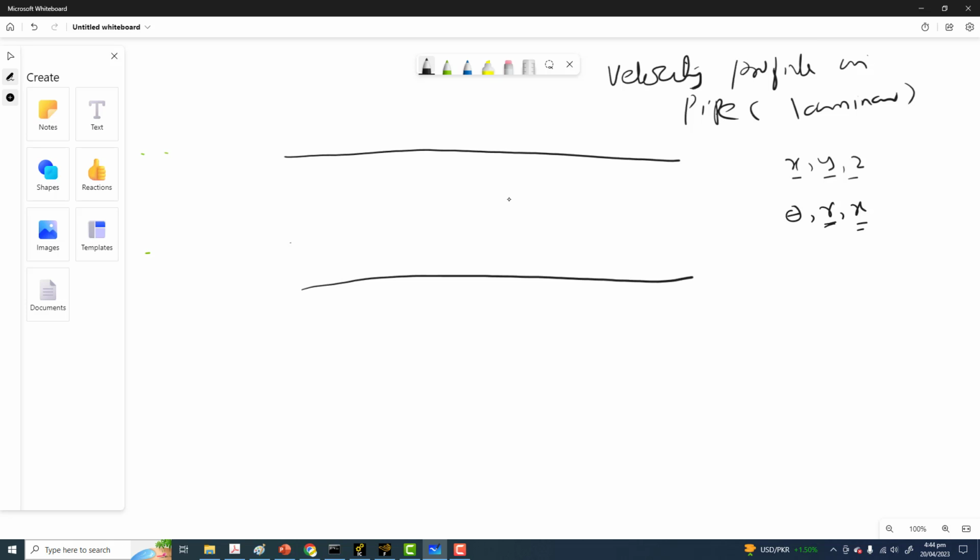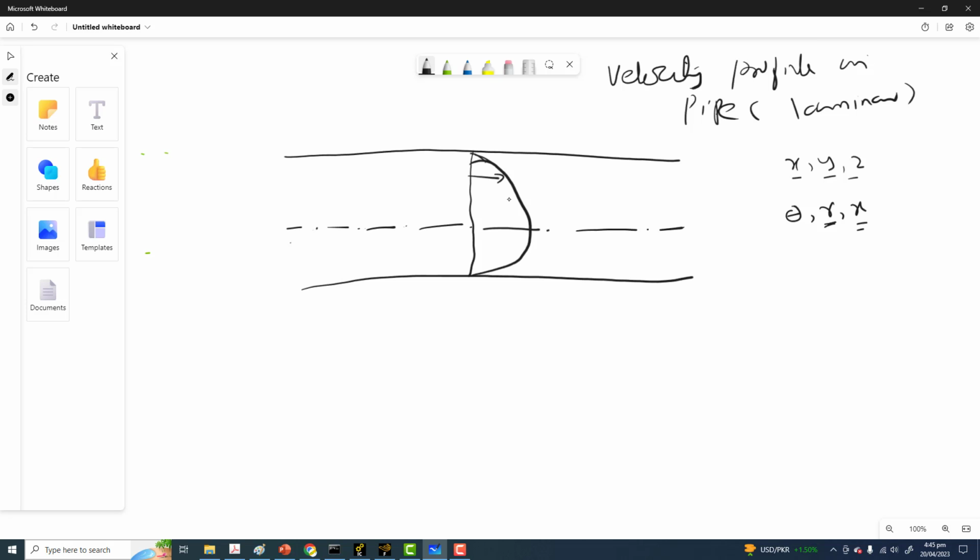So that's why I'm going to draw the axis here. And the velocity profile is parabolic in nature. We will confirm this after the derivation. So we have the velocity at this location, and this is following the parabolic velocity profile.